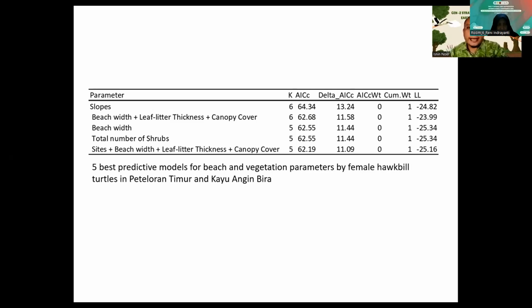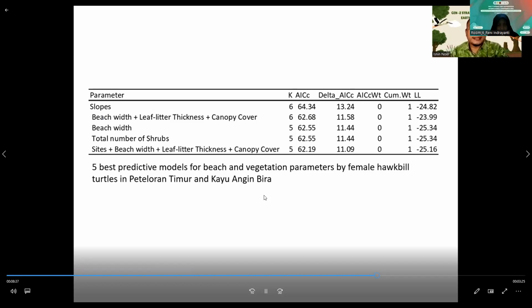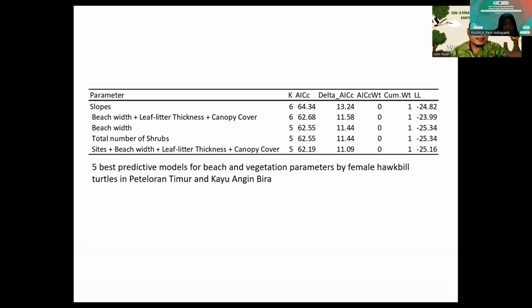Turtles likely choose sites that are invulnerable to inundation by using slope and forest border as indicators. As the turtle perceives the presence of the forest border or steeper slope, they will stop going further and immediately build egg chambers. Thus, the farther the distance between the low tidal line and the forest border, the wider the beach profile selected by turtles for nests.